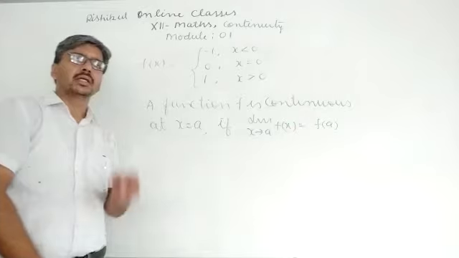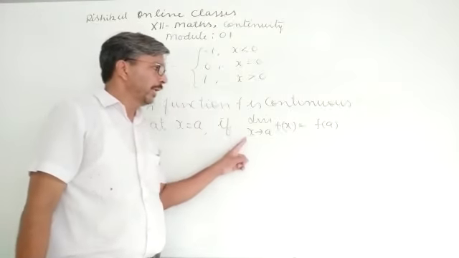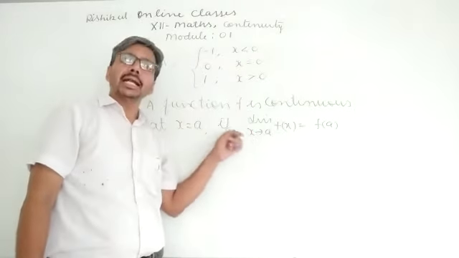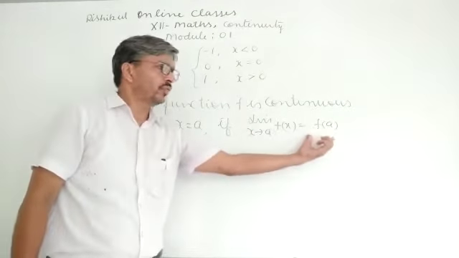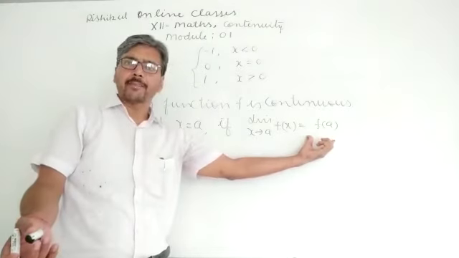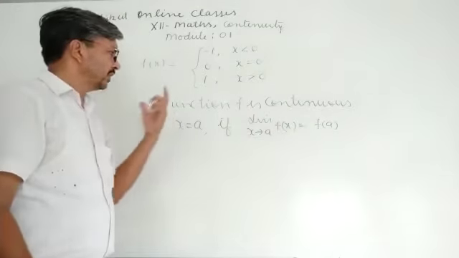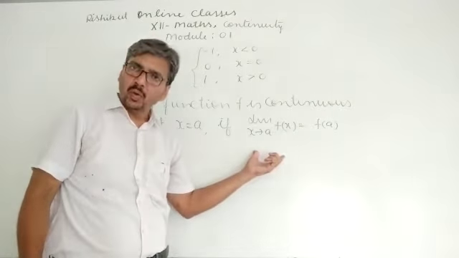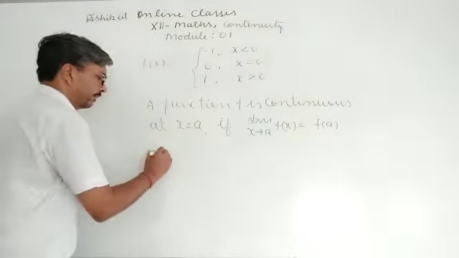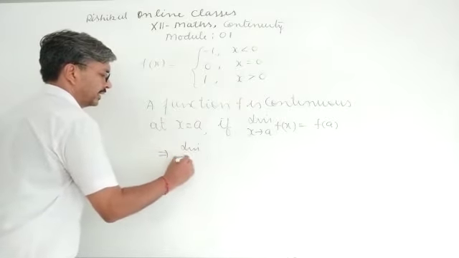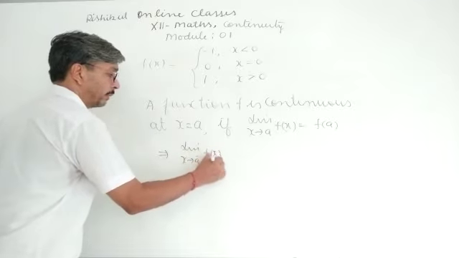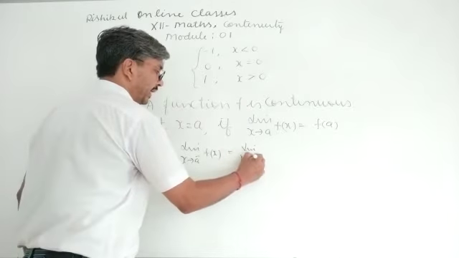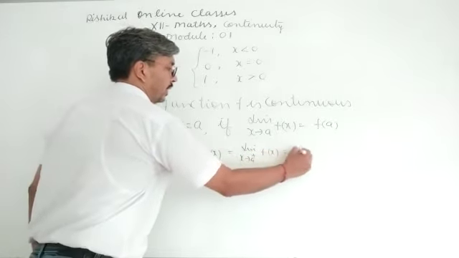In other words, we can say that if the limit exists for a function at x equal to a, and that is equal to the value of the function at x equal to a, then we will say that the function is continuous at x equal to a. Or in other words, we can say limit x tends to a minus f(x), this is the left limit, equal to limit x tends to a plus f(x), equal to f(a).